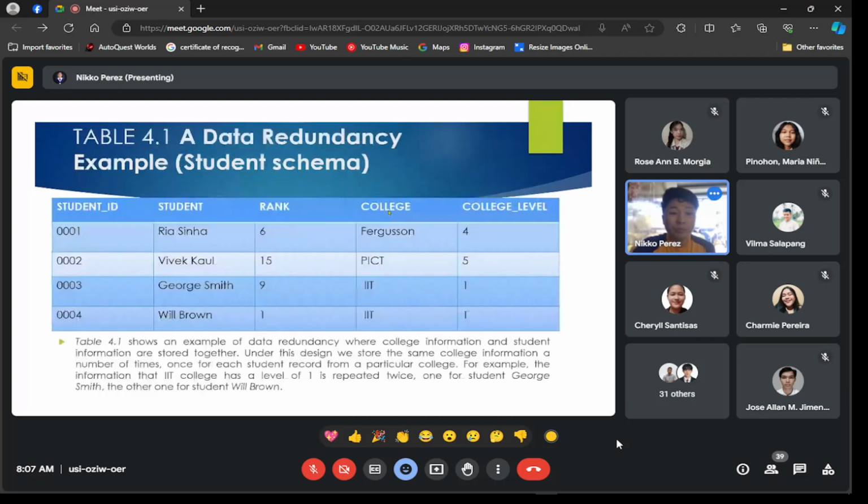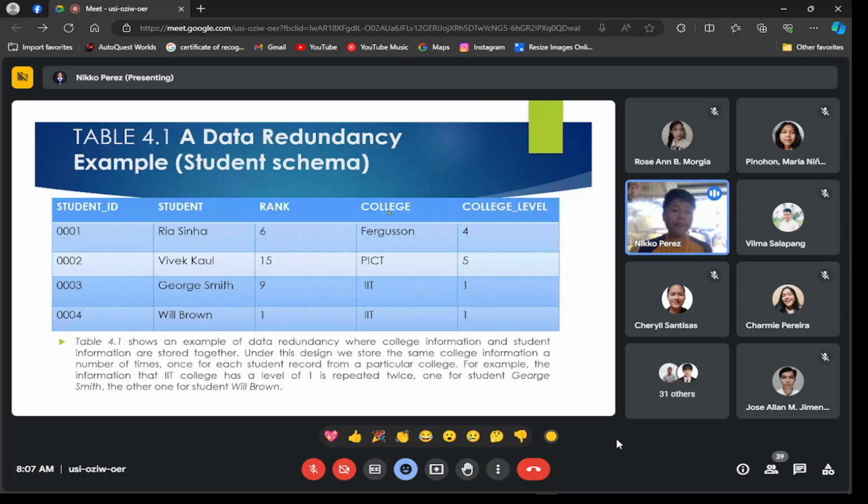Okay? So I have here a table showcasing how we can spot data redundancy in our relational schema, or in our specific schema. For instance, I have here two tables supposedly, but it was a merged table for student and the college.